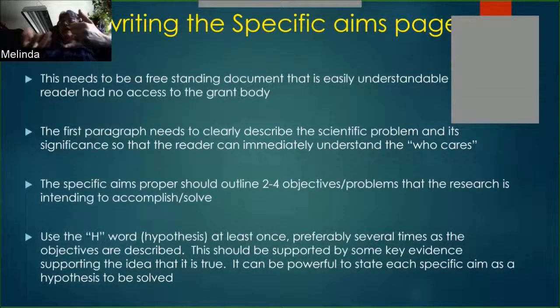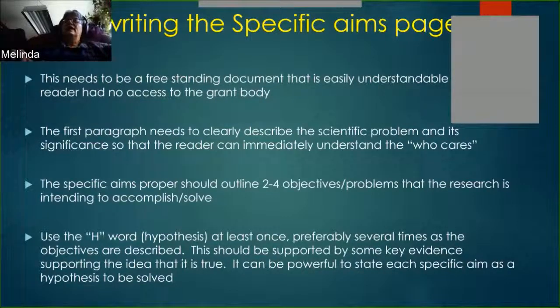In a K, it's not just about, are you going to get that answer? It's also the training you're going to get during the process to make you a better independent investigator, right? Mm-hmm. And you can point that out under that aim. That way it's also easier even for the reviewer to understand the training potential of the application. But it needs to be completely freestanding.